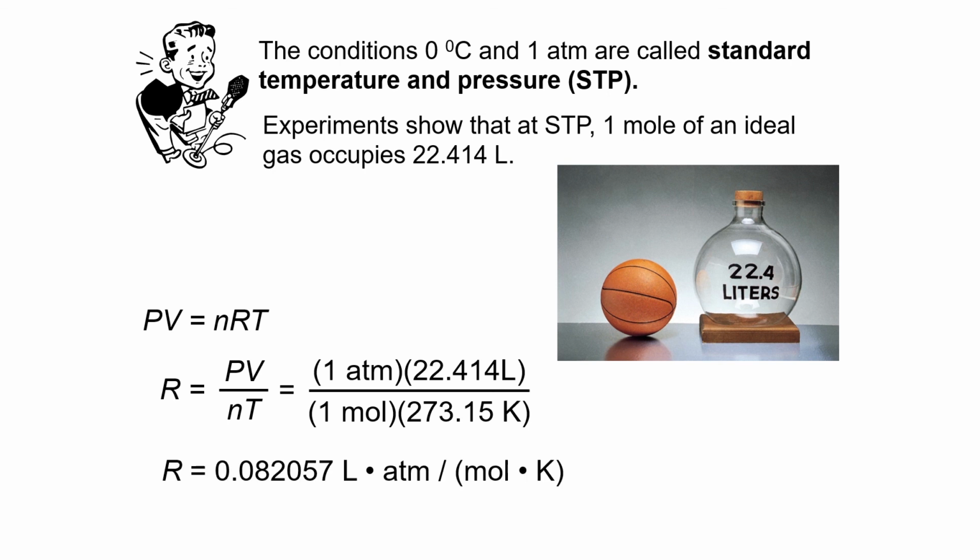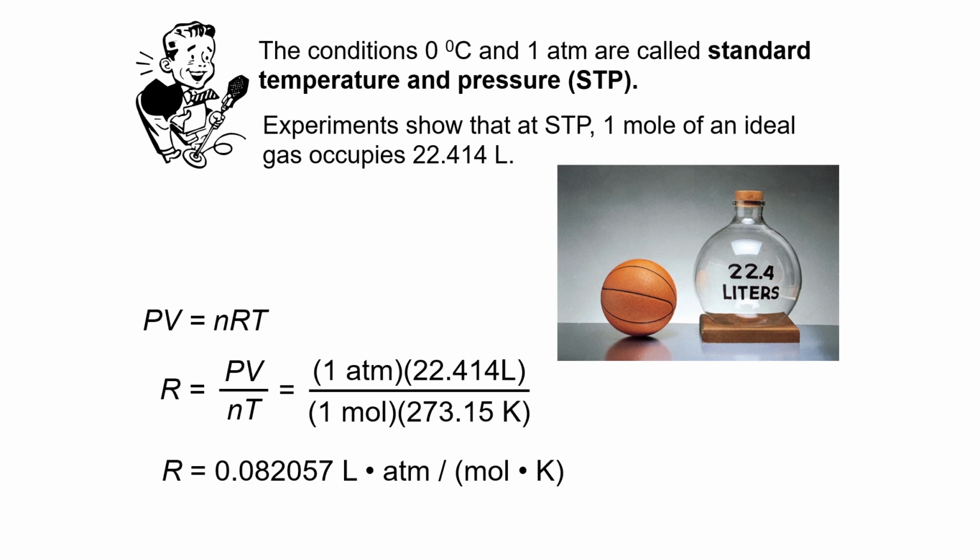This gives us the value of 0.082057 liters times atmospheres per mole per Kelvin. Yes, the units are a little complicated, but when you plug the values into the ideal gas equation, they will perfectly all cancel out.